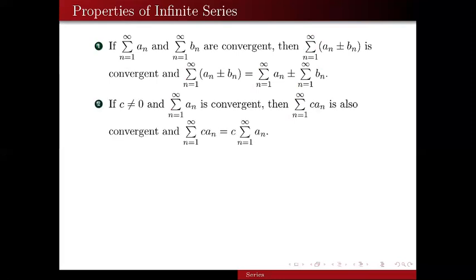Now, if c is not equal to 0, and you have a series a_n which is convergent, then the series with terms c times a_n is also convergent. And the sum of c a_n will just be equal to c times the sum of a_n. Meaning, you can bring this constant outside of your summation symbol.